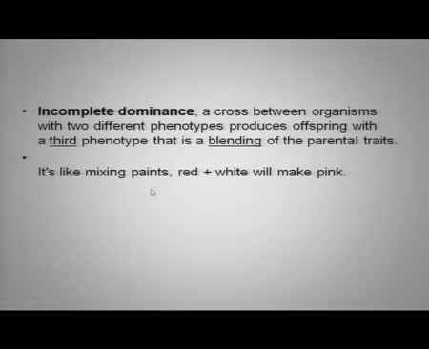It is just like mixing up of paints. For example, when we are mixing red with white, we will get a pink. So, blending of the parental traits will occur in the F1 progenies and we will get a new third phenotype.